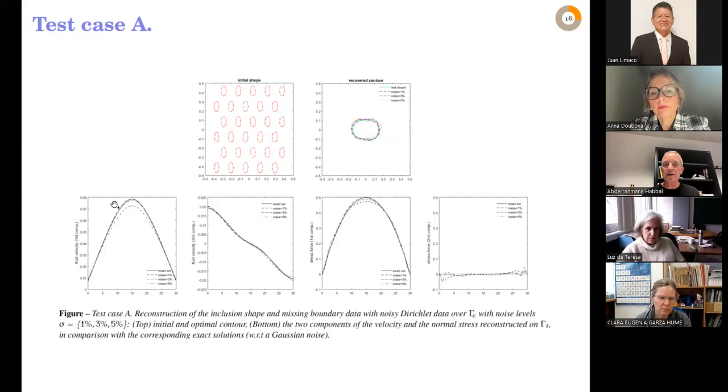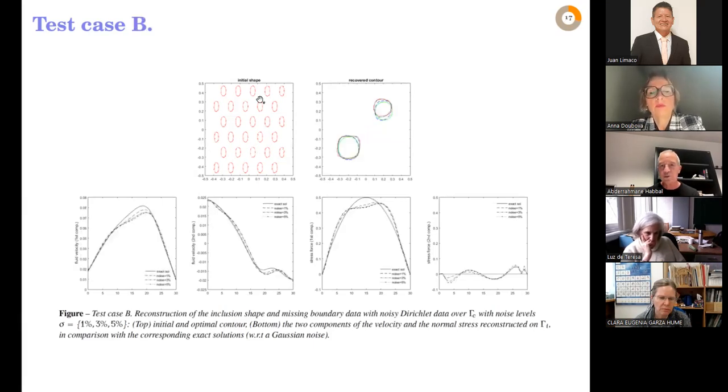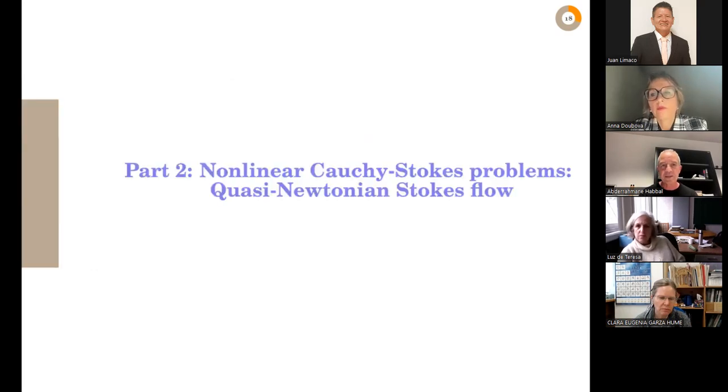And we also are able to recover good results for the velocities, velocity U1 and U2, the first and second components of the velocity, and also the fluid stress along gamma I. And we are also able to recover multiple inclusions, with the same satisfactory stability with respect to noise. Okay.